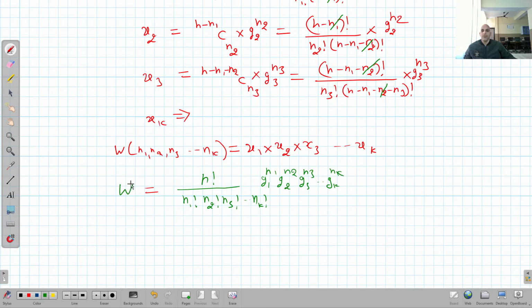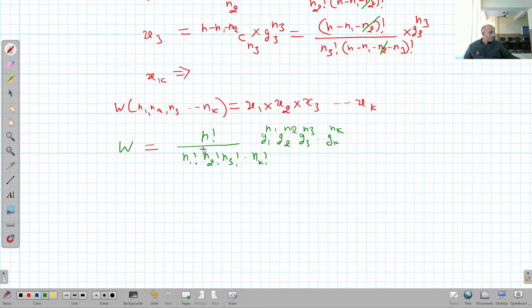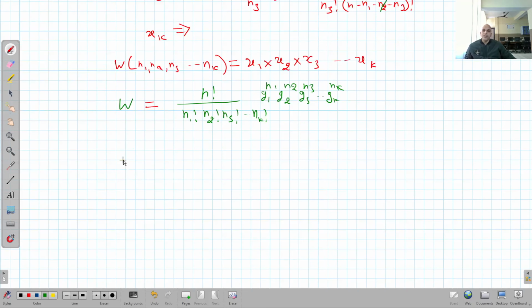This is w. If I go further, I can write w is equal to n factorial into the product, with i going from 1 to k, of zi power ni divided by ni factorial.